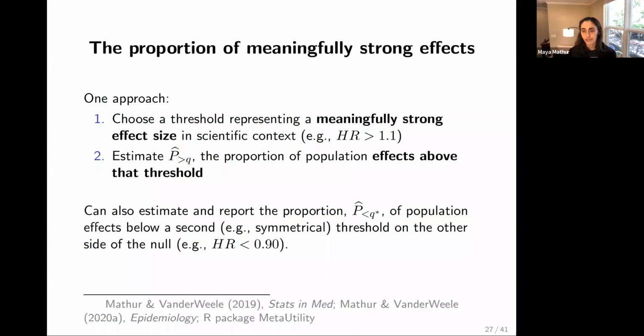So perhaps for protective effects of being overweight on mortality, maybe they need to be stronger than a hazard ratio of 0.90 in order to be meaningfully strong. So how many effects are in that lower tail? And all of this holds whether we're in the context of sensitivity analysis or not. These metrics could be reported in general for random effects meta-analyses.